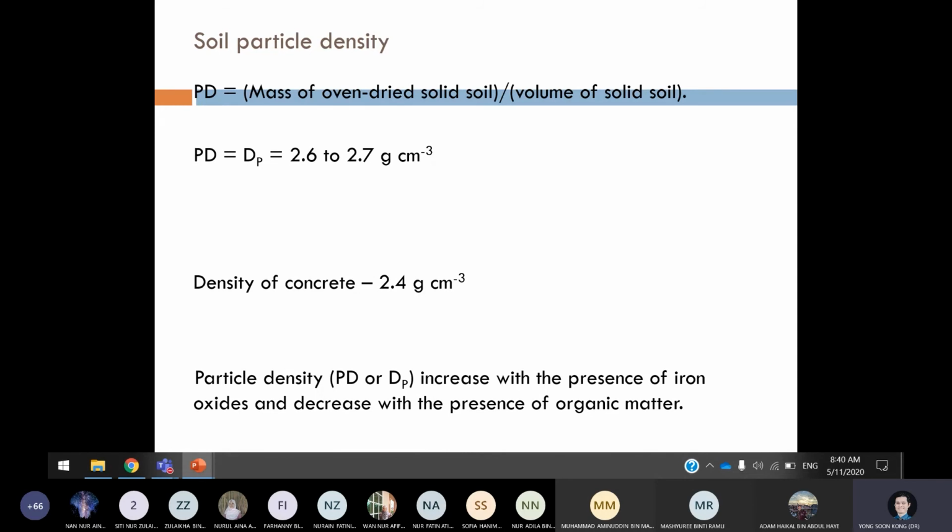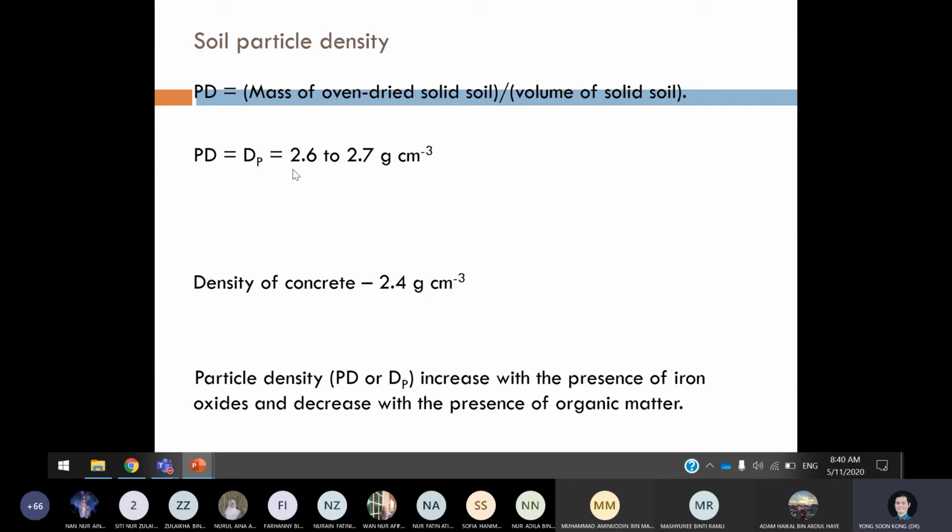In order to completely remove every single bit of moisture, you put it in the oven. What's the temperature? It could be 80, it could be 60, but as long as it's dry with constant weight, then it will do. Not necessarily 100 degrees Celsius. So once that is dry, only then can you use that soil to determine particle density. Yeah, and so divide by volume of soil, and there you have it.